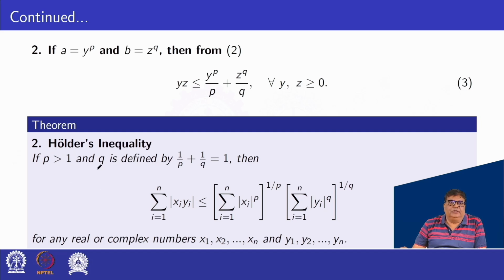The statement of Holder's inequality: if p is greater than 1 and q is defined by 1 upon p plus 1 upon q is equal to 1, then the summation from i equal to 1 to n of mod of xi yi is less than or equal to the summation from i equal to 1 to n of mod of xi to the power p, whole power 1 by p, into the summation from i equal to 1 to n of mod yi to the power q, whole power 1 by q, for any real or complex numbers x1, x2 and so on xn and y1, y2 and so on yn.